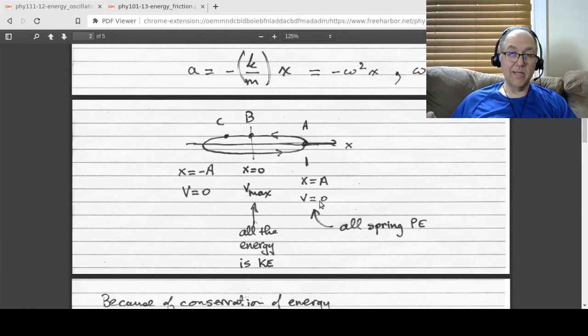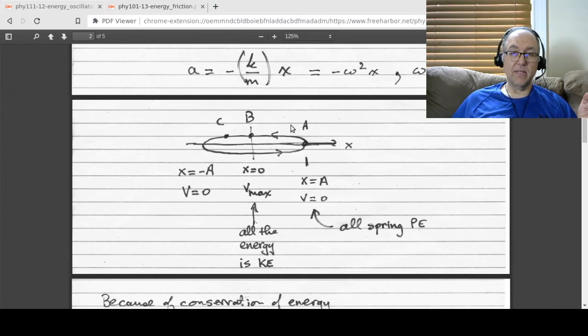Remember how you calculate the kinetic energy: it's 1/2 mv squared. If v is 0, v squared is 0, and the kinetic energy is 0. So at the endpoint x equals A, the energy is all spring potential energy, and there is no kinetic energy at all.